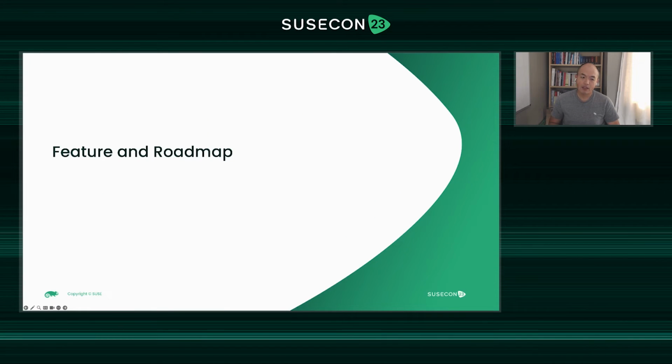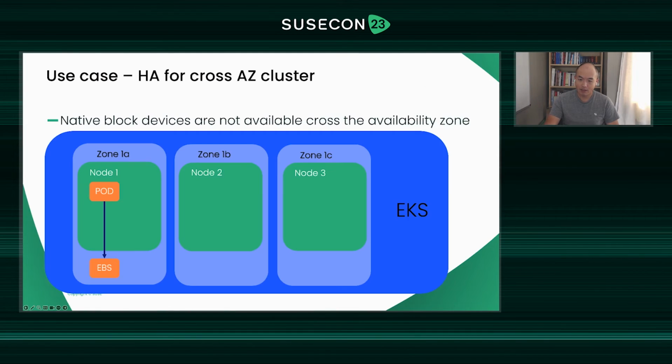Okay, let's talk about the features and the future roadmap on the Longhorn side. I mentioned previously that a lot of Longhorn users are in fact using Longhorn in the cloud environment. And why is that? Well, first, I mentioned there's a limitation on how many storage devices you can attach to a single node.